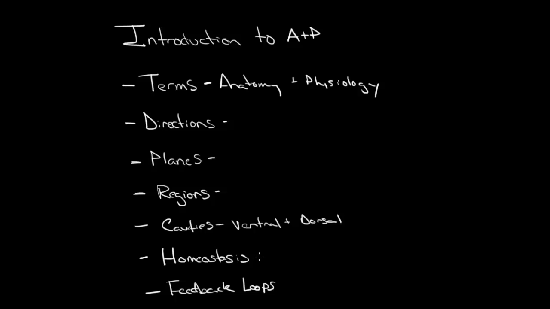So like maintaining constant body temperature, maintaining a consistent pH, or maintaining stable blood glucose values. Those are all examples of variables which must be maintained, and we call that maintaining homeostasis. And homeostasis is maintained via two major loops: positive and negative feedback loops.